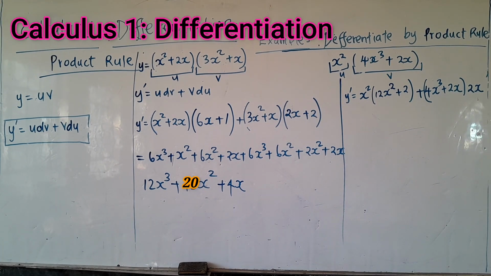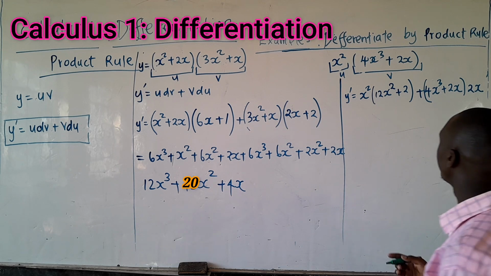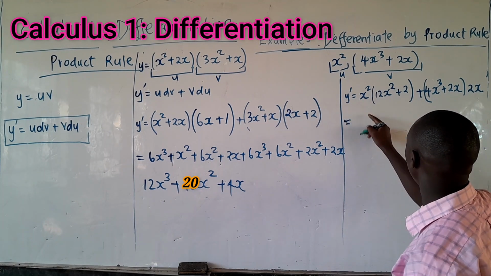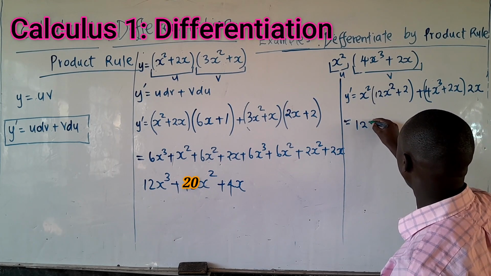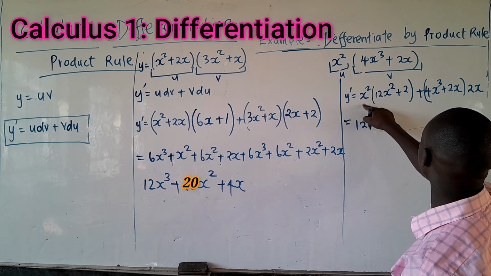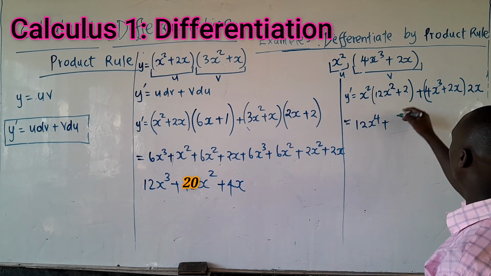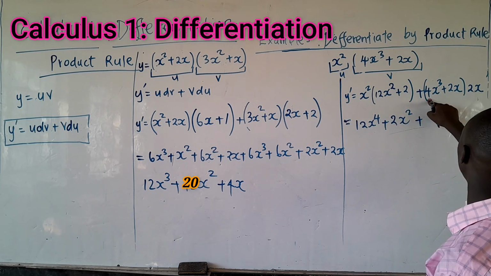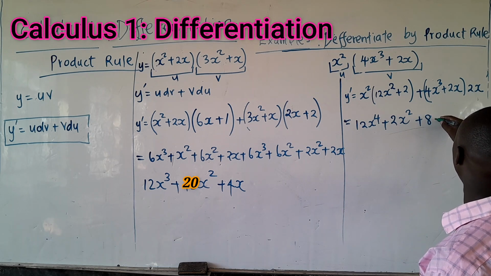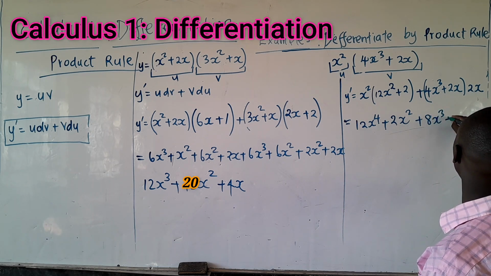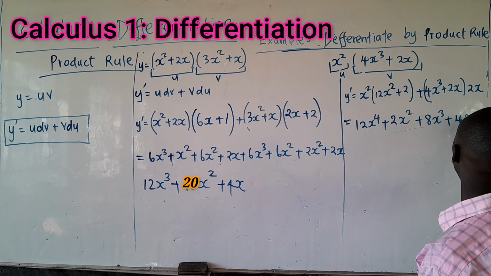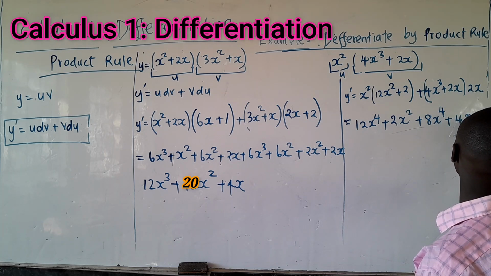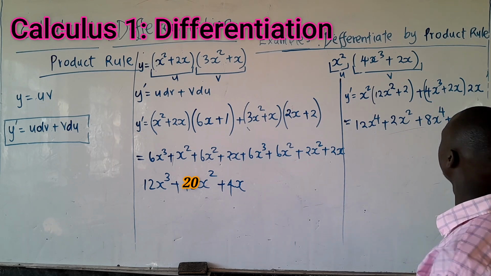So what remains is for us to simplify further. Let's see. We can open this bracket, which is equal to 12x power 4 plus 2x squared, plus this is going to be 8x cubed plus 4x, not cubed here, that's power 4, plus 4x squared.